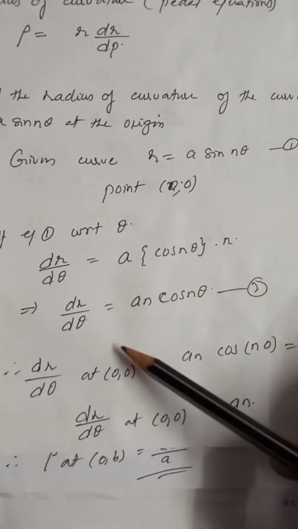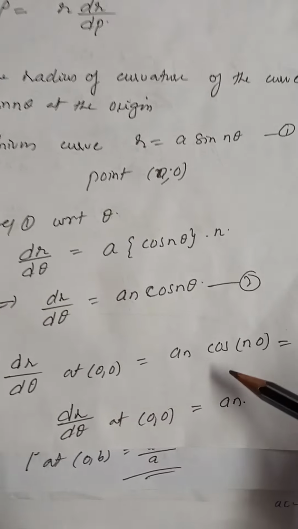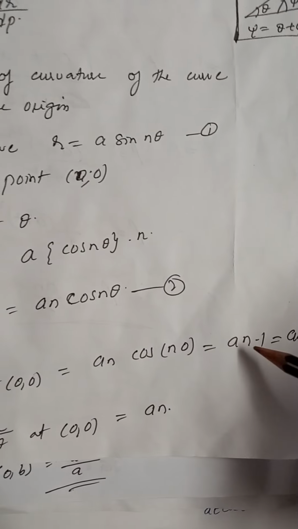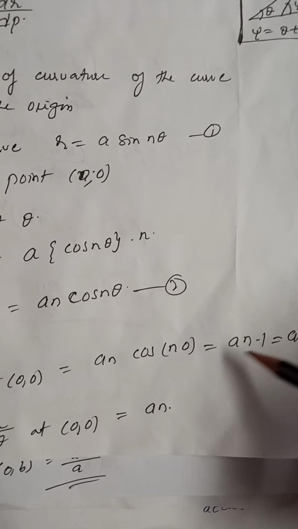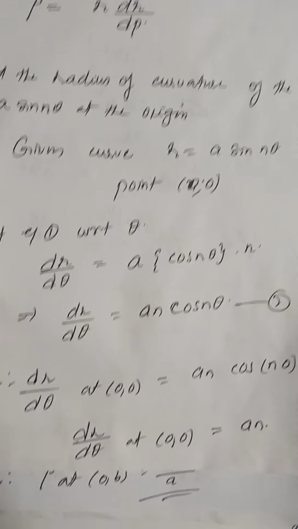Therefore, dr by d theta is equal to an into cos n theta. dr by d theta value at 0 comma 0 is equal to an into cos of n into 0. Therefore, an into 1. Cos 0 is 1, no? dr by d theta at 0 comma 0 is equal to an.